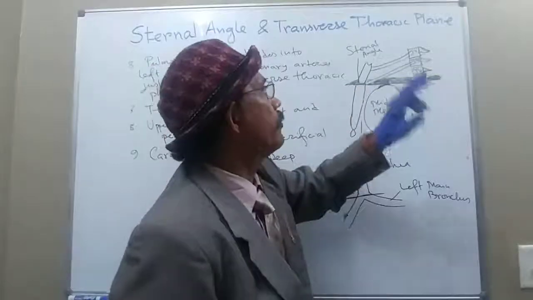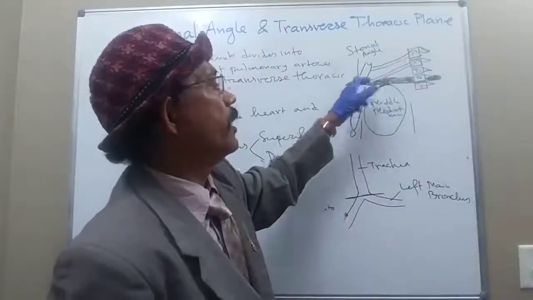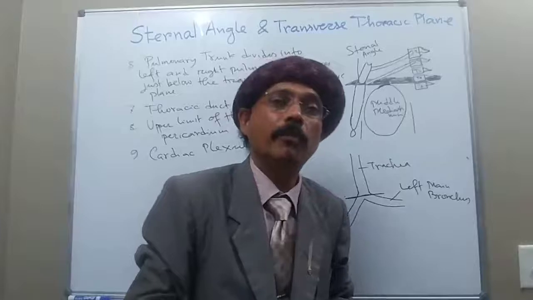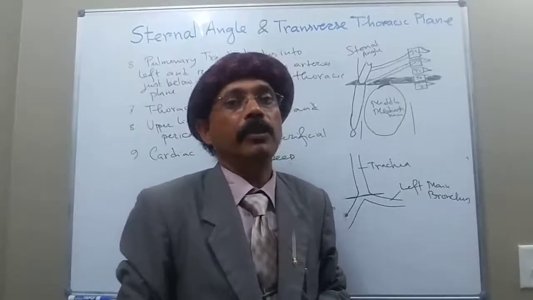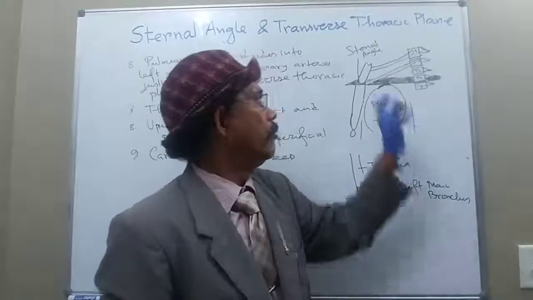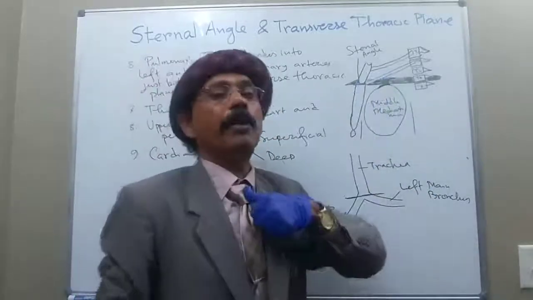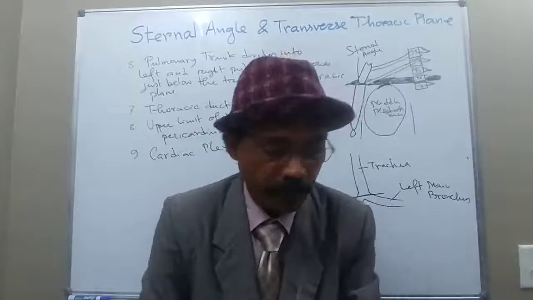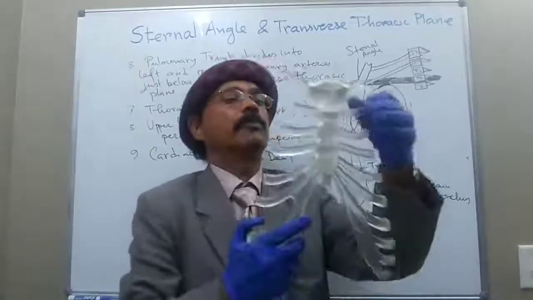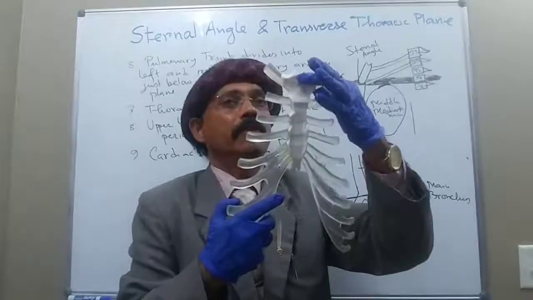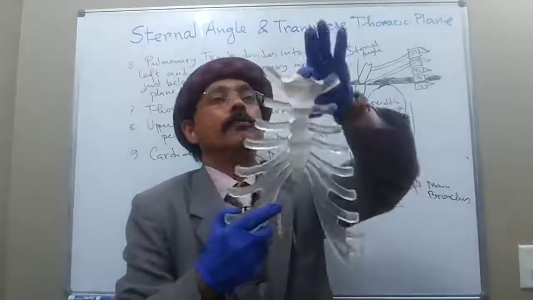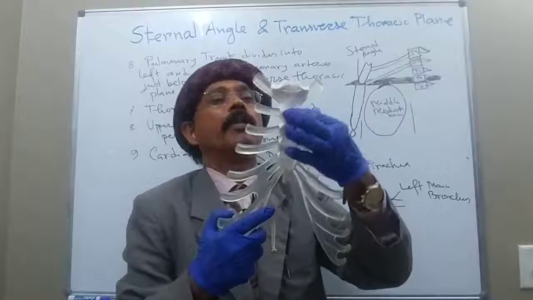It is so important to us. And we also discussed the sternal angle between the manubrium of the sternum and the body of the sternum. It is essential to count the ribs, because you can easily palpate it. You can easily palpate the manubriosternal joint here, around 5 centimeters below the jugular notch. You can palpate this ridge.